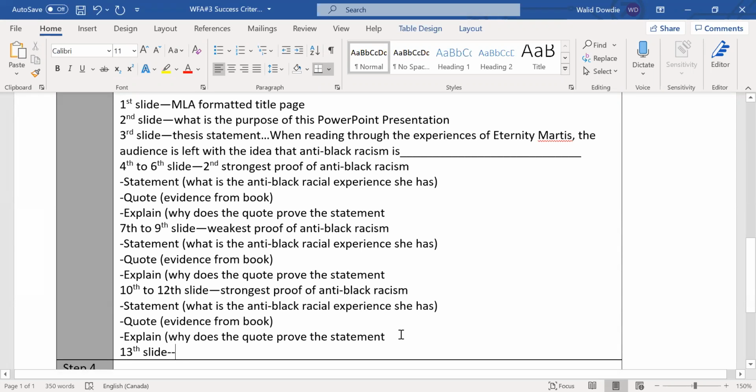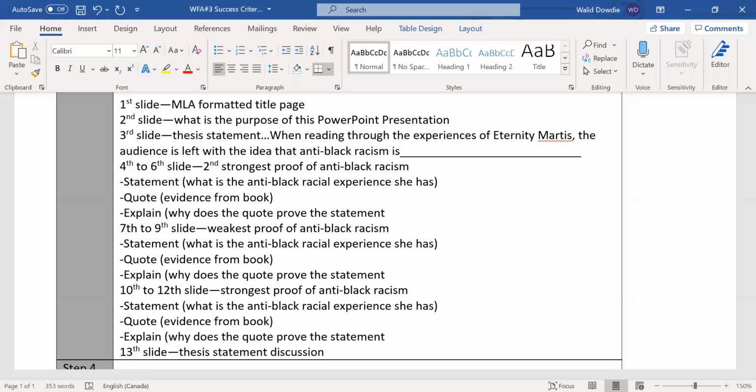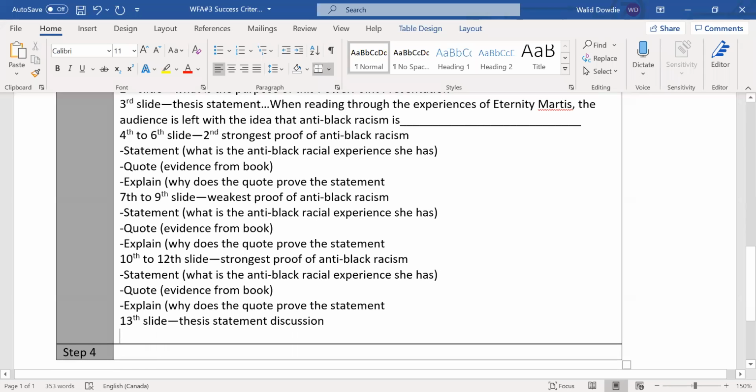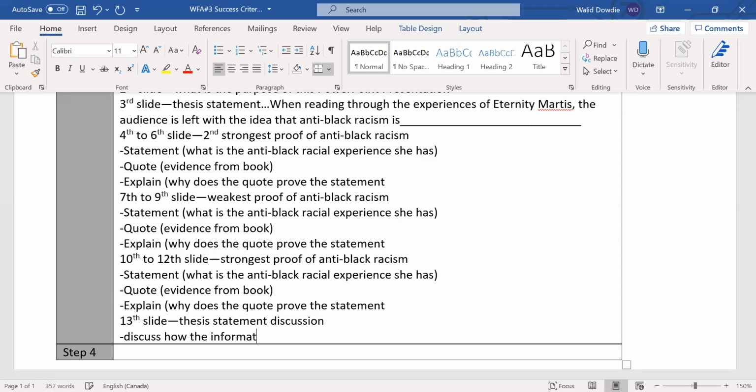So it's your thesis statement. Right, choose, discuss how the information above proves your thesis.